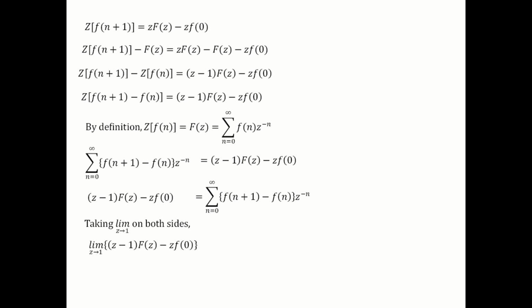1 into F of Z minus Z F of 0 is equal to the limit as Z tends to 1 of the summation n equals 0 to infinity of f of n plus 1 minus f of n, Z power minus n.